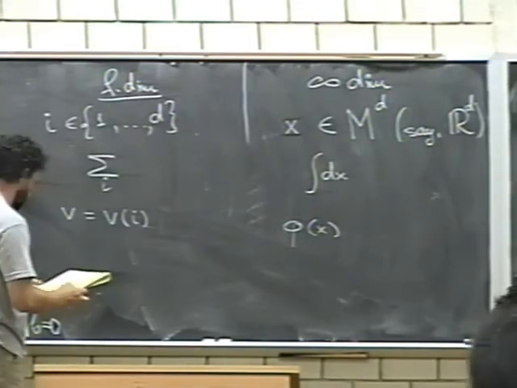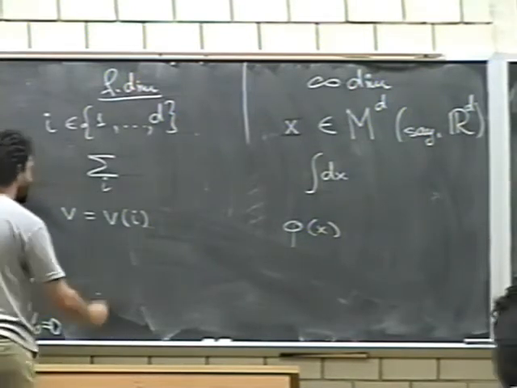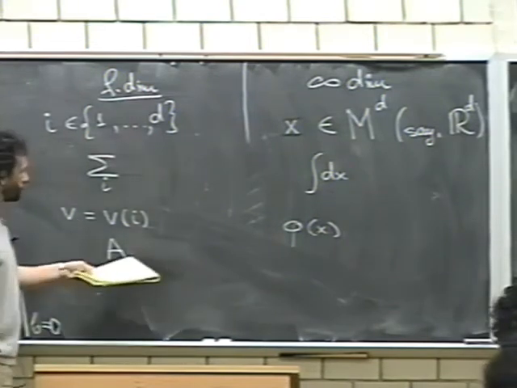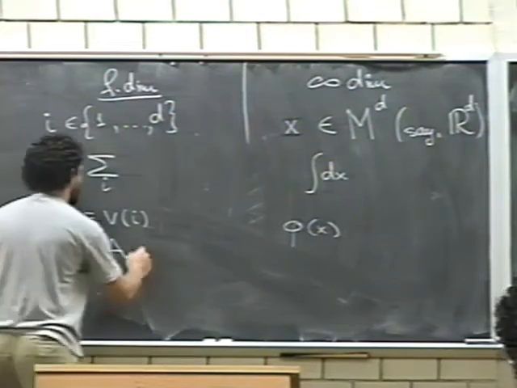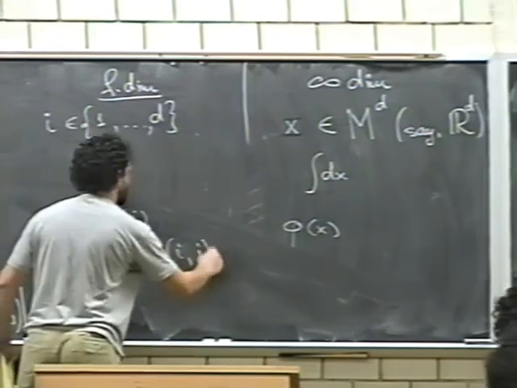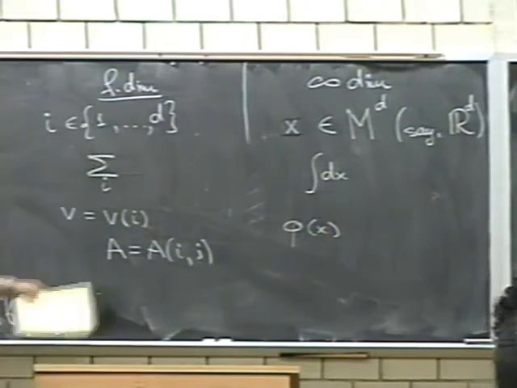If A depended on two indices i and j, I can write A of i, j. That was my quadratic form, the bilinear form.